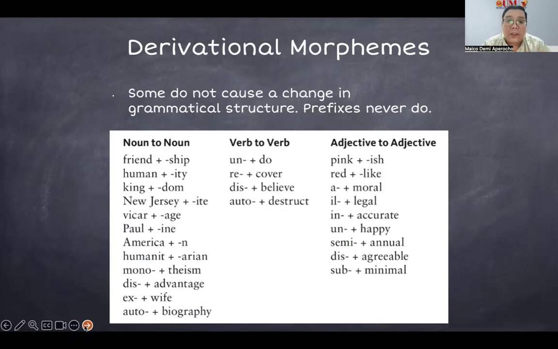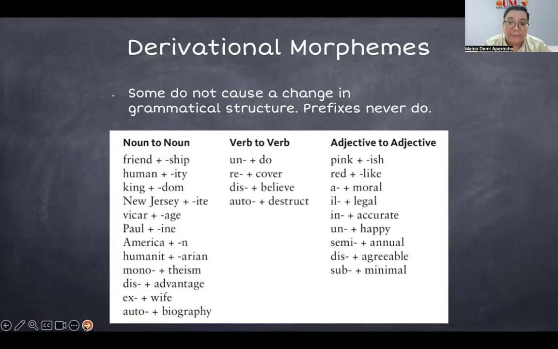However, they're still considered derivational morphemes. Why? Because the word itself, derivational, tells us that we derive a new word belonging to a class or another part of speech out of another word. So deriving a new word from another word, which is relatively shorter than the new word being formed. Now, that's an example of a derivational morpheme, the affix that you attach to it.